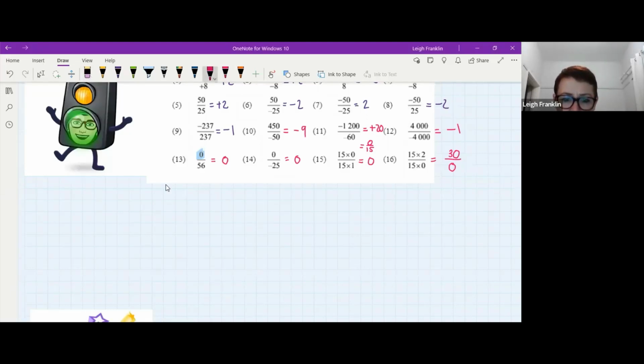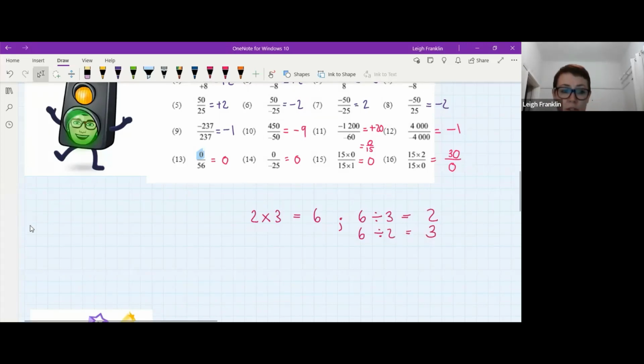If I say 2 times 3 is 6, that means that I can take 6 and divide it by 3, and I'm expecting 2 as the answer. Or I could take 6 and divide it by 2, and I would get 3 as the answer.